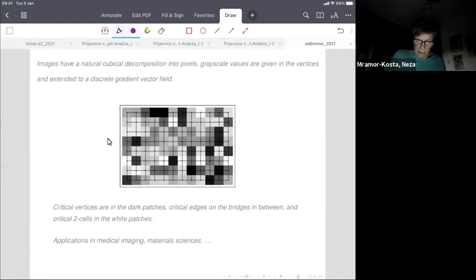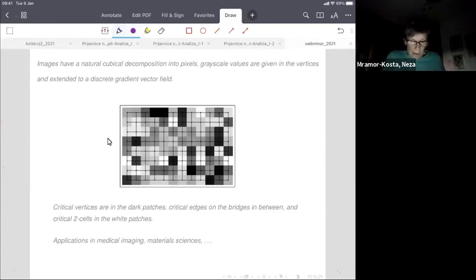So what we do is we look at the dual cubical complex where the vertices are in the pixels. So we have these grayscale values given in the vertices of the complex. Here this black net represents the dual decomposition with vertices in the pixels. So we have these values in the pixels, which we then extend to a discrete Morse function on the whole cubical complex.